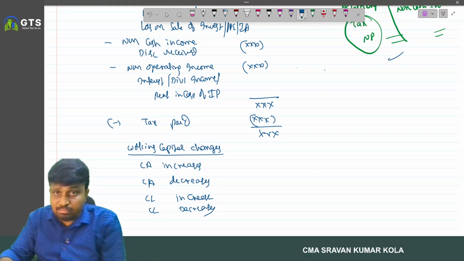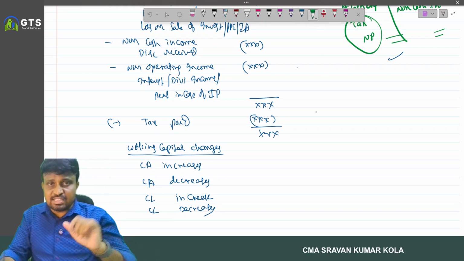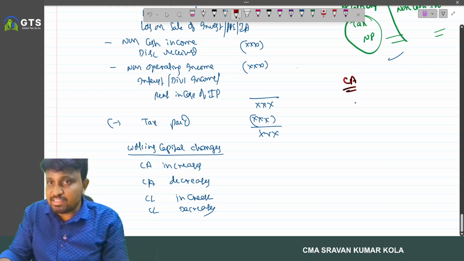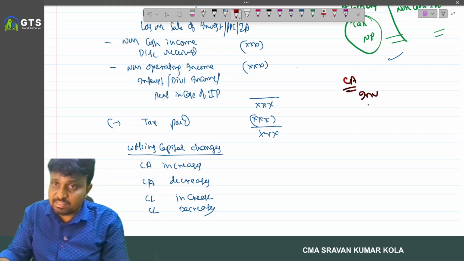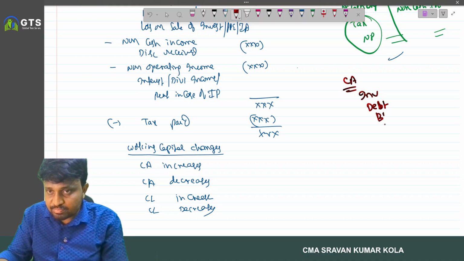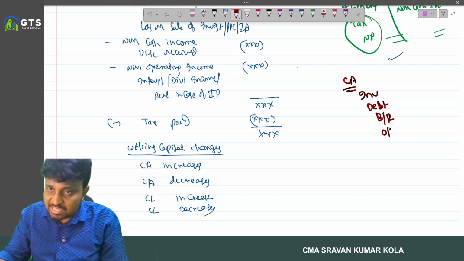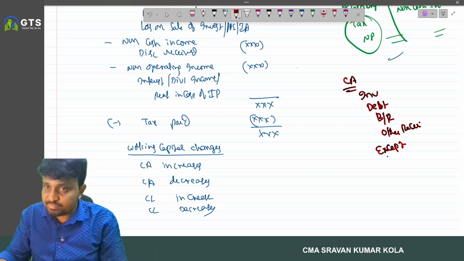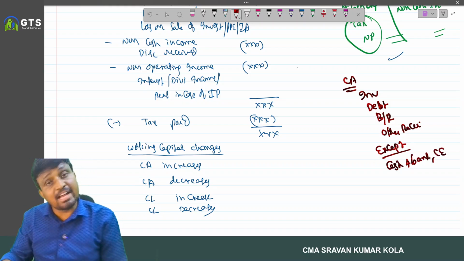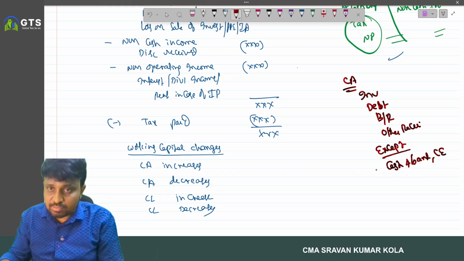Okay, and remember, while preparing this, current assets means inventory, debtors, bills receivable and other receivables, if any, except cash and bank and cash equivalent items, which are not covered.